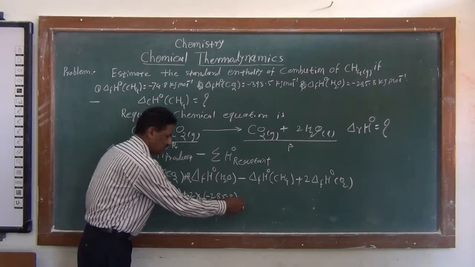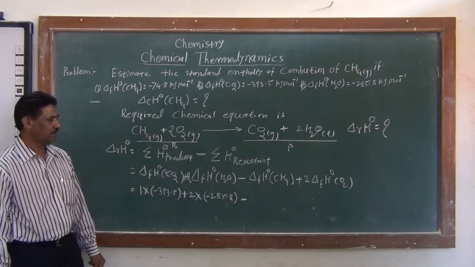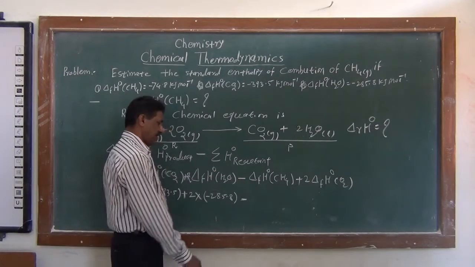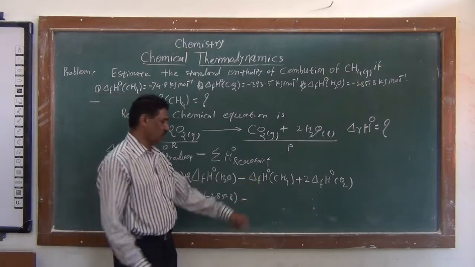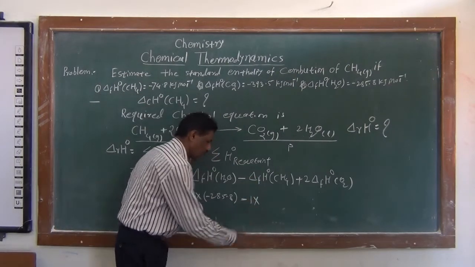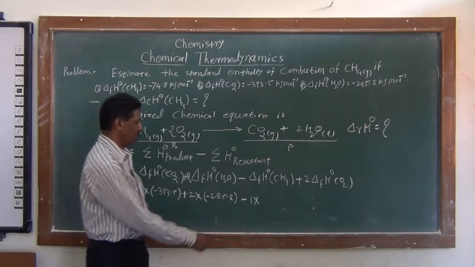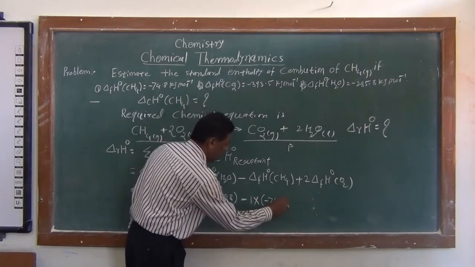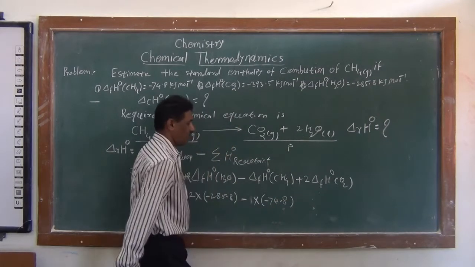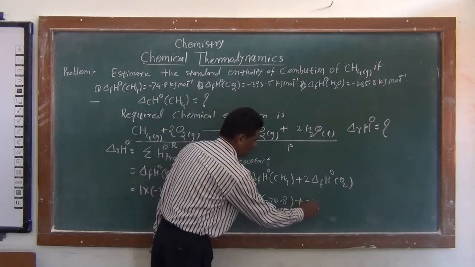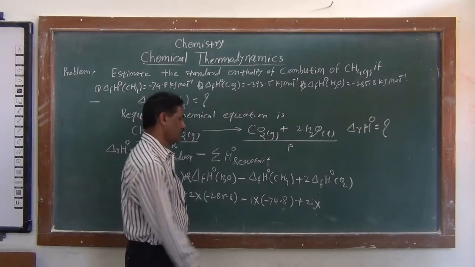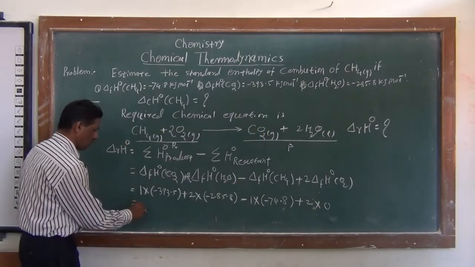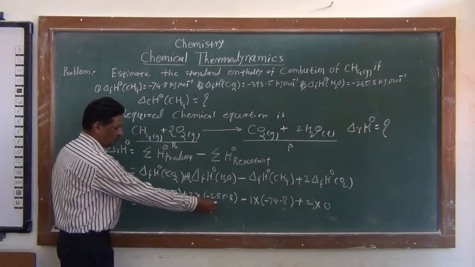Then minus the standard enthalpy of formation of methane. Here the methane molecule is only one molecule, hence 1 into minus 74.8 kilojoules per mole, plus 2 into 0.